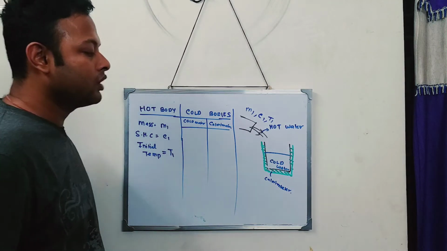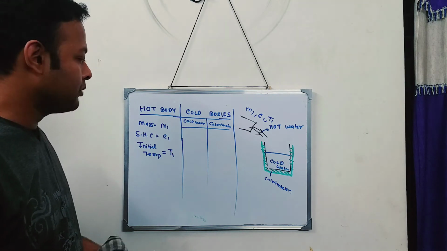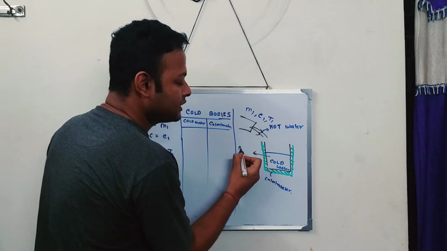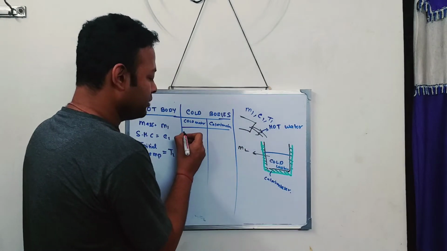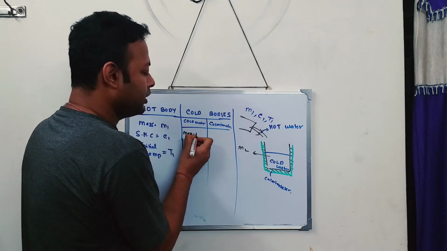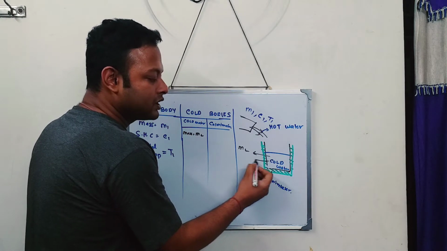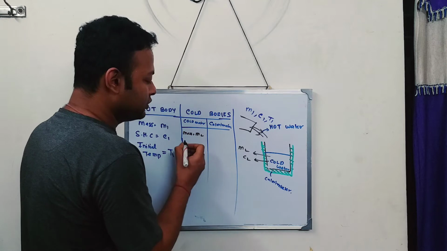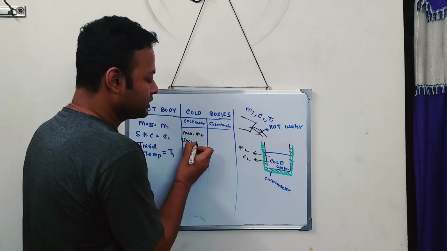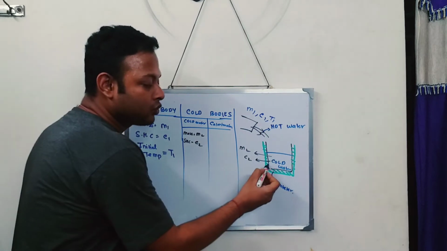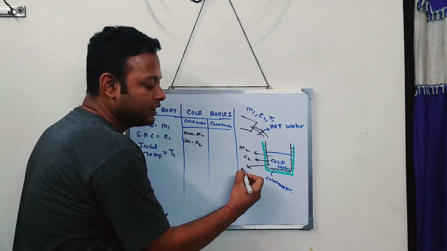Now for the cold water, we'll consider the mass of the cold water as M2. This cold water will have a specific heat capacity, let's take it as C2. And the temperature of this cold water, let's take it as T2.